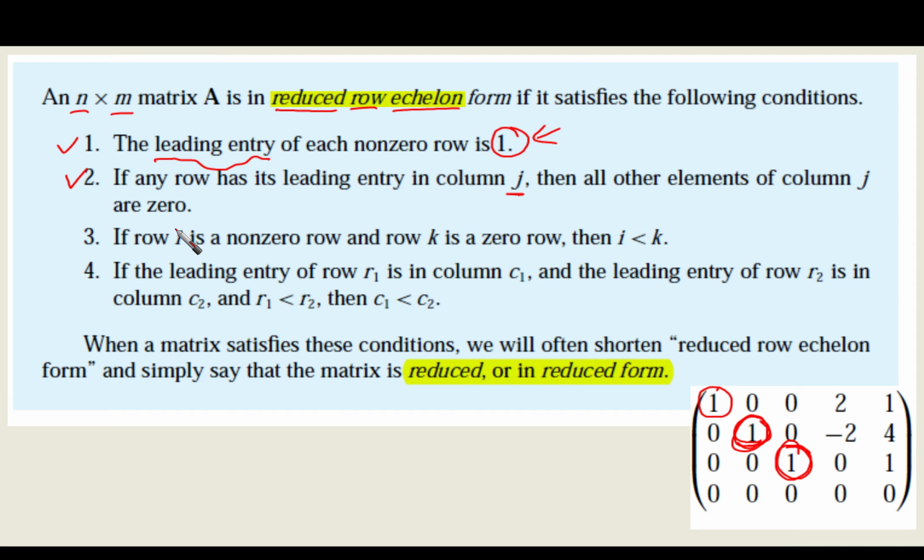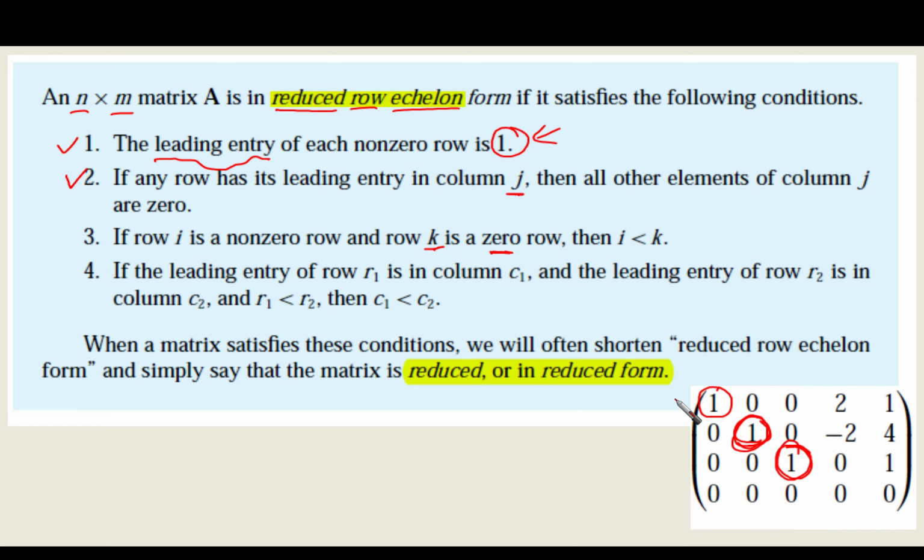If row I is a non-zero row, and row K is a zero row, then I must be less than K. Non-zero means that some elements have non-zero values. A zero row means that it is this row.